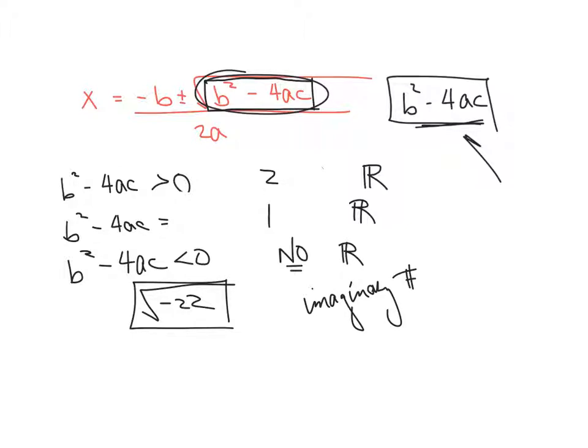Okay, so there's no real number solution because you cannot take the square root of a negative number. The square root of negative 4 cannot be found, because 2 times 2 is 4, but negative 2 times negative 2 is also positive 4. There's no number that will give you a negative 4 when you square it.